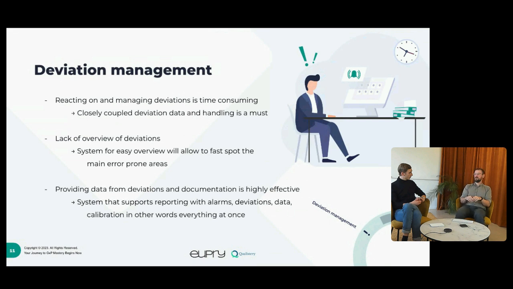It will allow you to spot any reoccurring deviations. So having one system that gives you a much better overview and allows you to collect all of those deviations in one place is one of the key factors as well in terms of automating your deviation management.